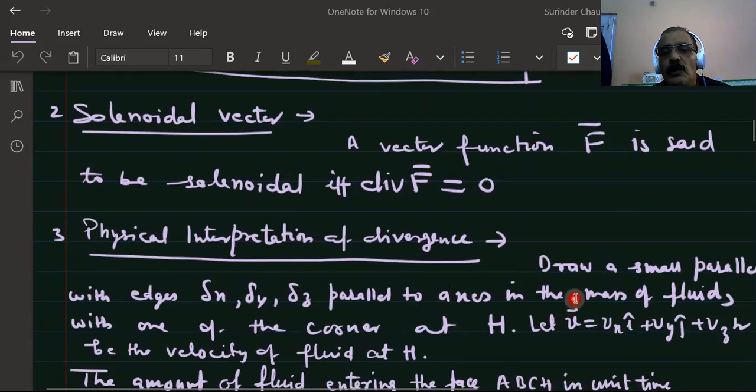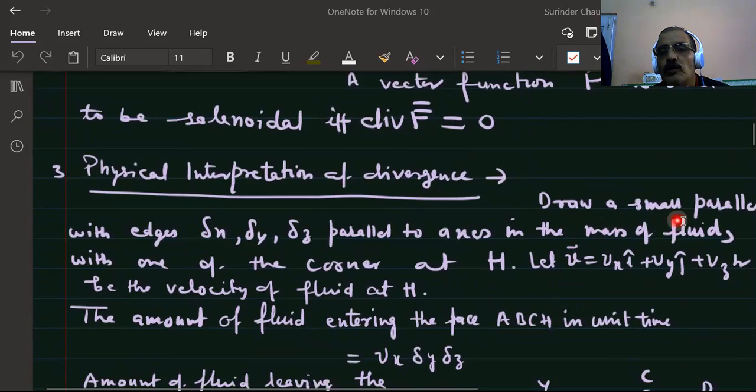For that, draw a small parallelepiped with edges del x, del y, del z parallel to the axes in a mass of fluid which is moving in one direction, with one of the corners at H, as shown in the diagram.